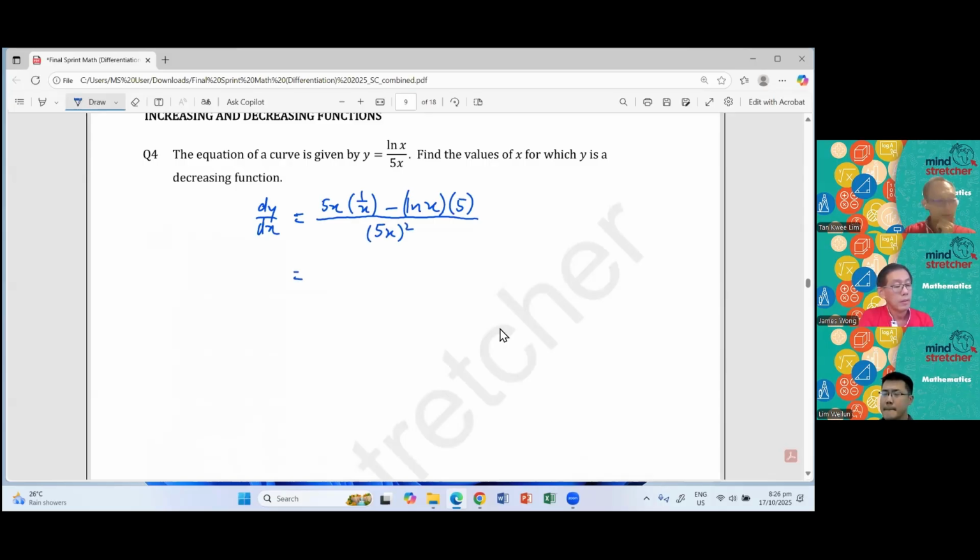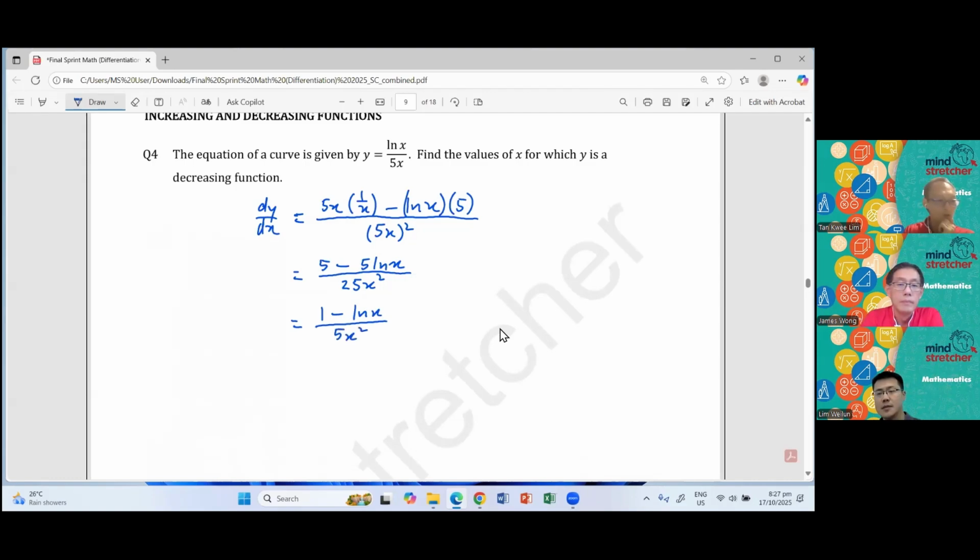That gives 5 minus 5 ln x over 25x squared. We notice that 5 is a common factor on the numerator and the denominator, so we divide both by 5, and this simplifies to 1 minus ln x over 5x squared.